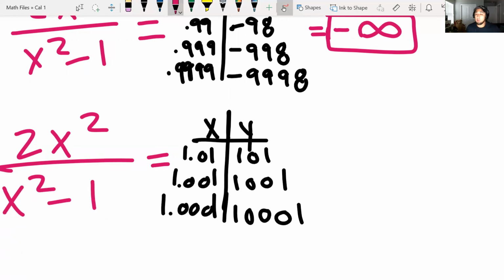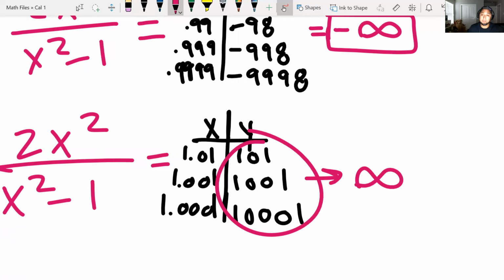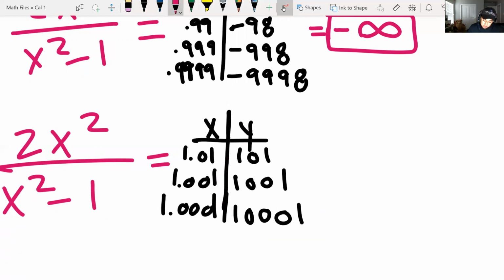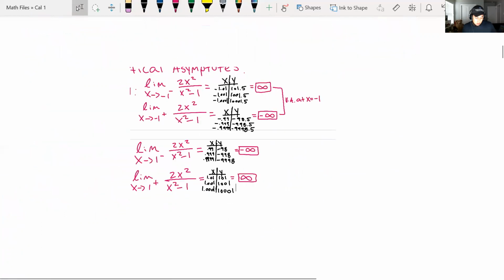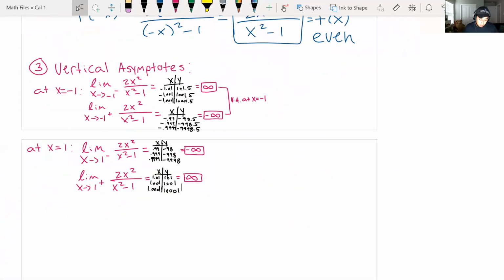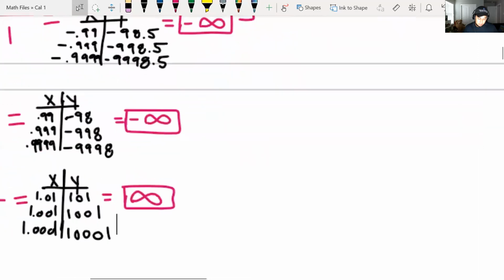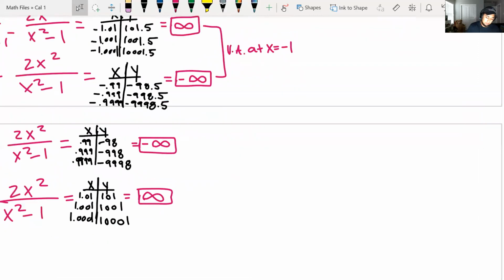So the more zeros I add, the more this number increases towards where? Towards infinity. So this limit is also infinity. Okay. And what that means is, I'll show it by the graph again.